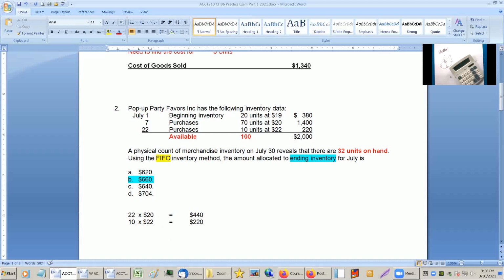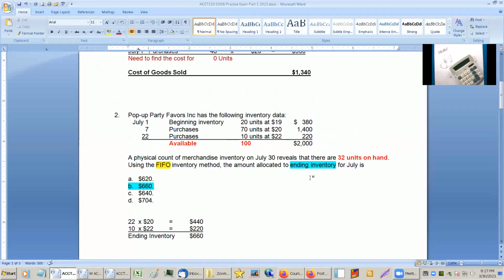And so let's get our ending inventory. There actually is another way you could do this, though. It has to do with this.